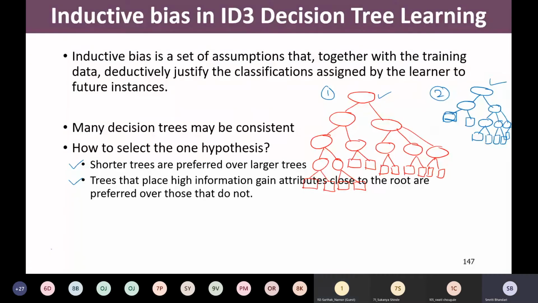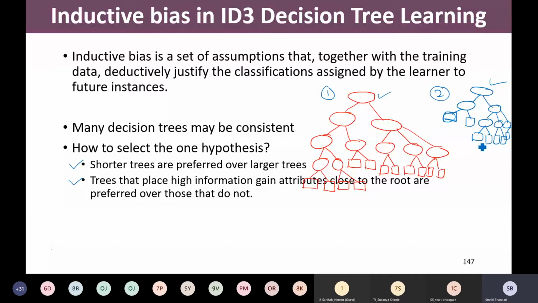See, the reason why we are saying that the bias that we are imposing is that we should prefer to use the shorter tree is that, beginning from the root node, in less amount of time we can reach the leaf node, because there are fewer comparisons, or fewer nodes to be traversed till we reach the leaf node.